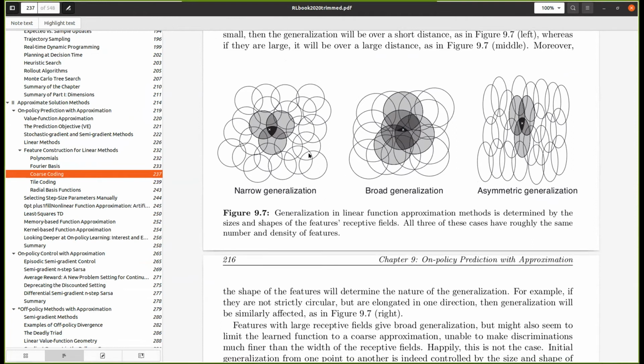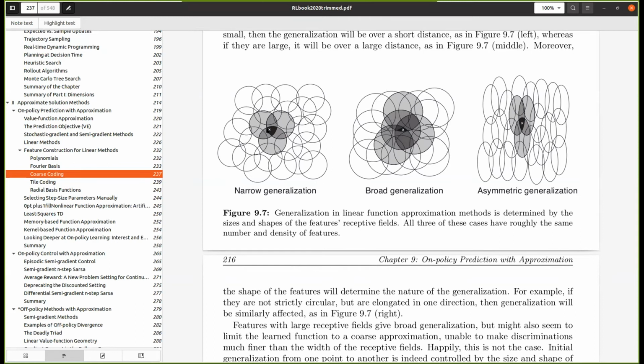So for example, here you can see that depending on how much overlap we have across the circles, we have a broader or more narrow generalization.